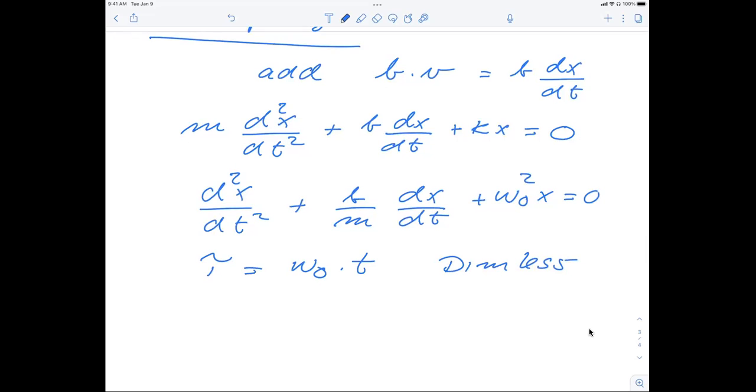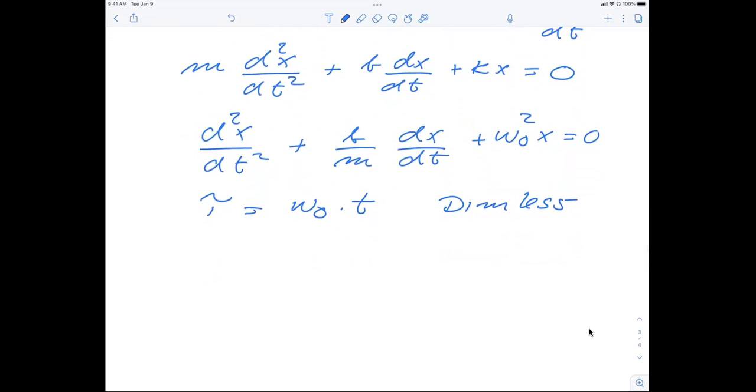And then we could rewrite the equation if we also introduce a new constant, which is called gamma. This constant gamma depends on the friction parameter. It depends on this natural frequency, and it has a factor of 2. This parameter, as you will see now, is going to play an important role, and it's called the damping coefficient.